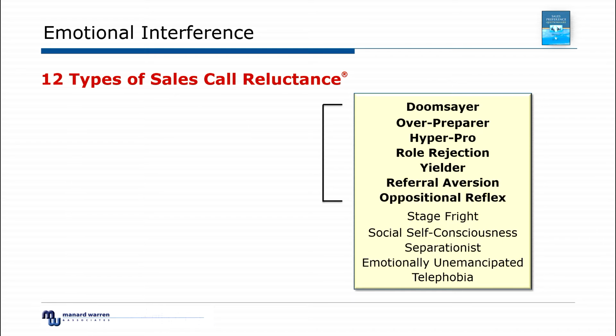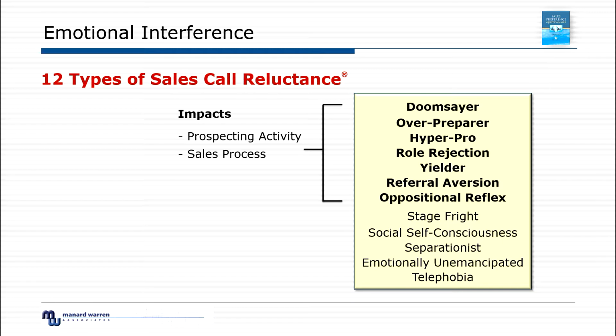The reason that those are the big types of call reluctance is because those 7 types not only can have a negative impact on your prospecting levels, but also they can have a negative impact on how you actually conduct sales appointments and walk a prospective account through the sales process.